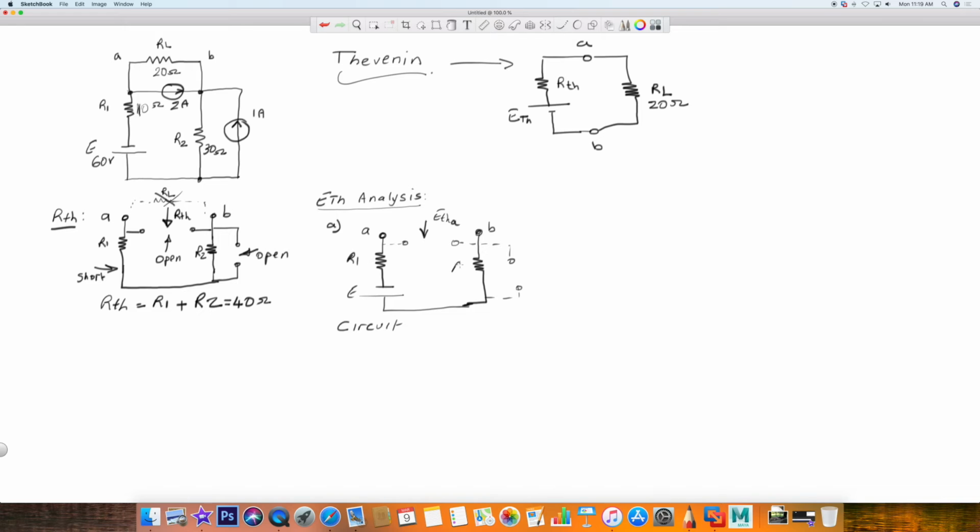There is no complete path for any current to flow through this. So the only voltage we see at this stage is E. However, vis-a-vis VAB, it will be minus E, if we use a reference of VAB, that is. So ETH-A is minus E.